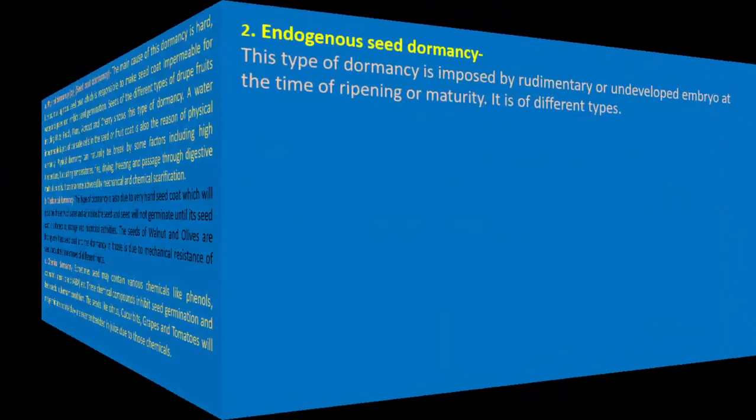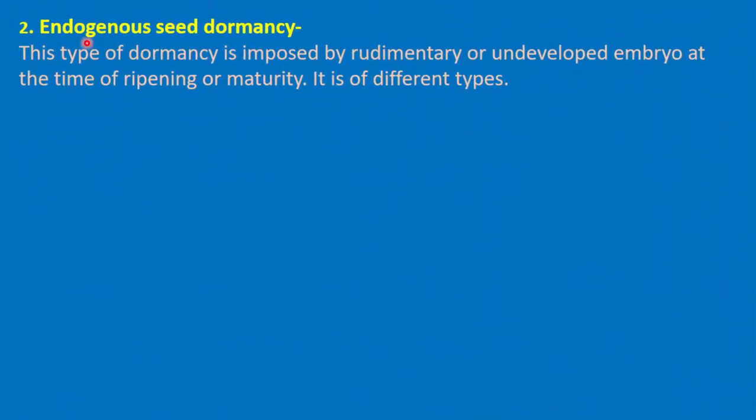Now we will proceed to the second type of dormancy. It is known as endogenous seed dormancy. So now we are going to learn about internal dormancy. This type of dormancy is imposed by a rudimentary or underdeveloped embryo at the time of ripening or maturity, and this dormancy is of different types.